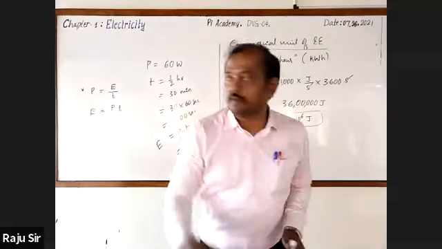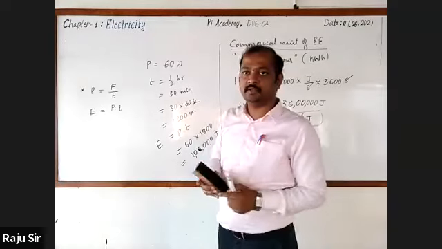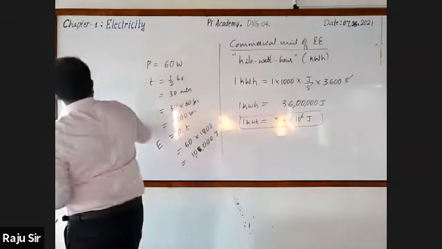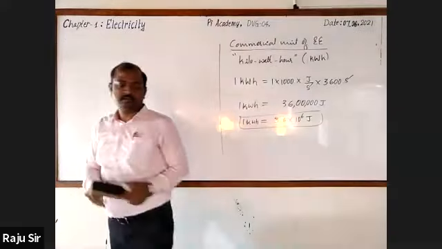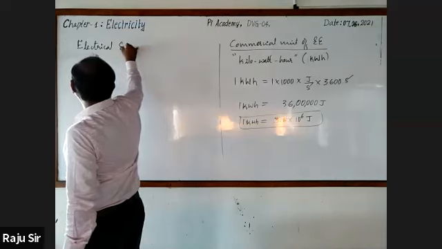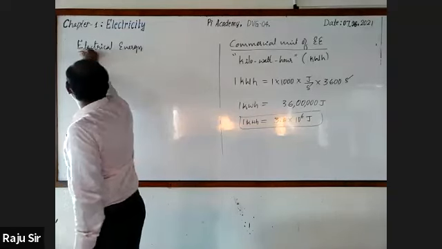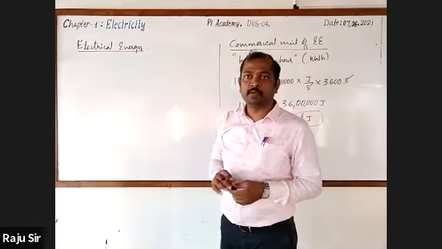So now you may write the side heading, electrical energy. Electrical energy is nothing but electricity, which we have already defined. Now I am going to give you the formula directly.